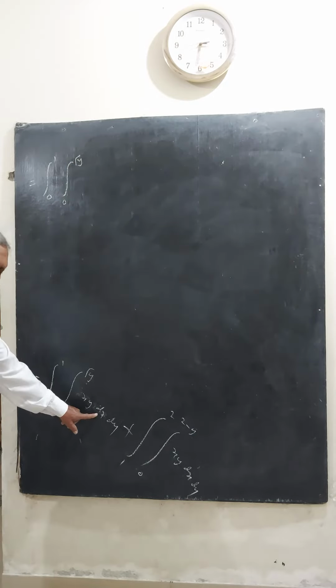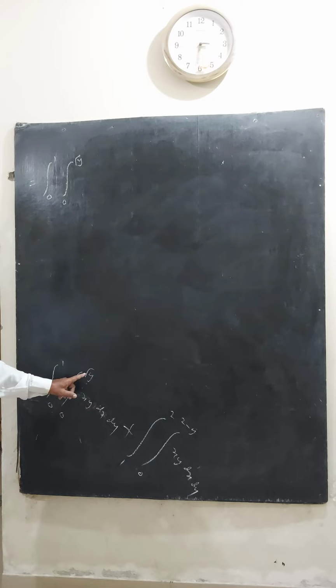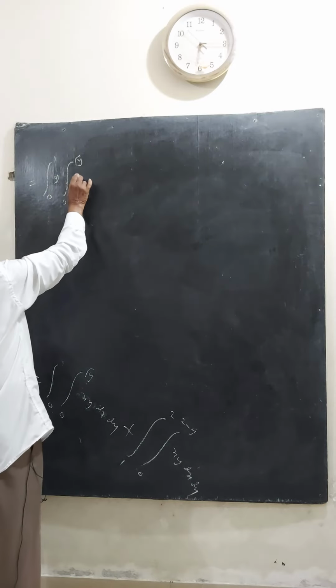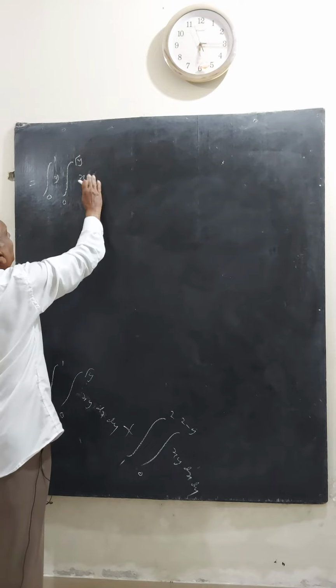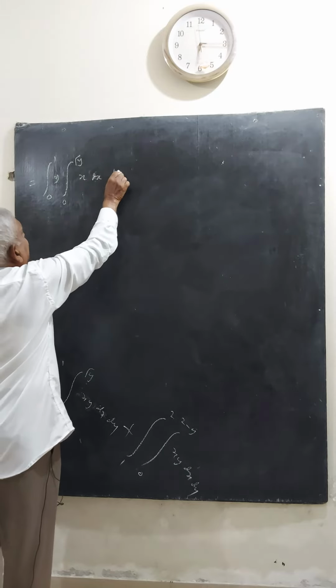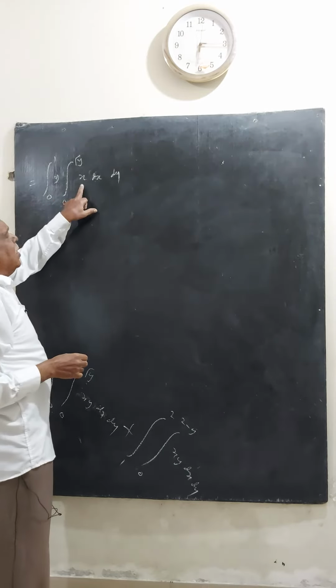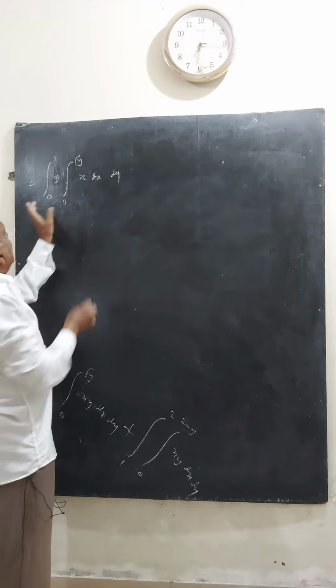We are integrating with respect to x only. If limits are in y, that belongs to x only. Therefore, y comes out, y times x dx dy.